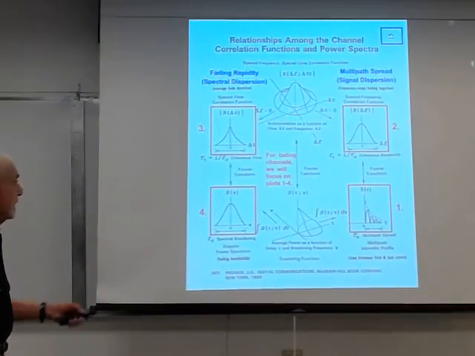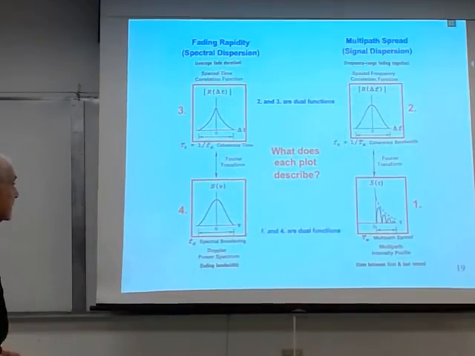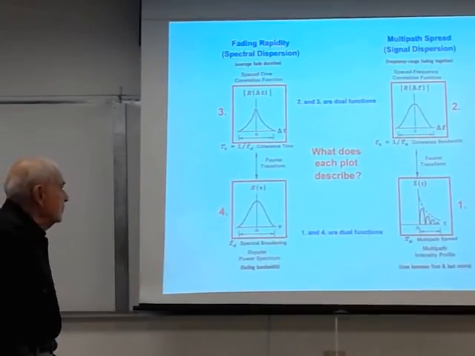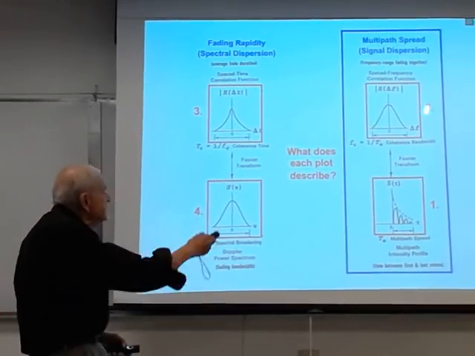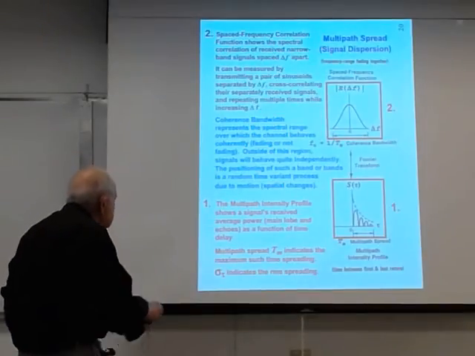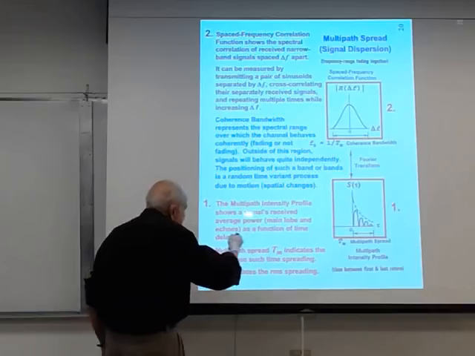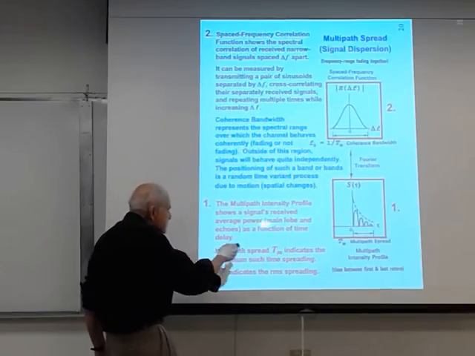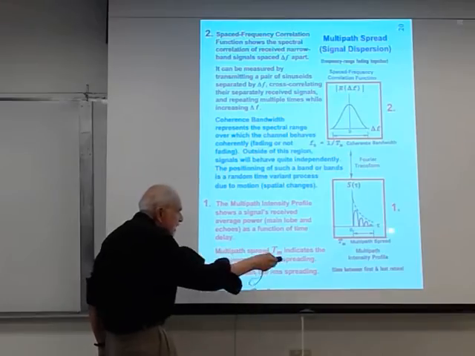So let's go back to where I was here, page number 15, and I said, what does each plot describe? Let's start with the multipath spread, signal dispersion, and let's start reading from 1 here. The multipath intensity plot shows the signal's received average power, main lobe, and echoes as a function of time delay.